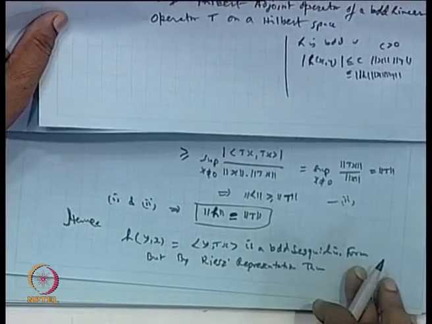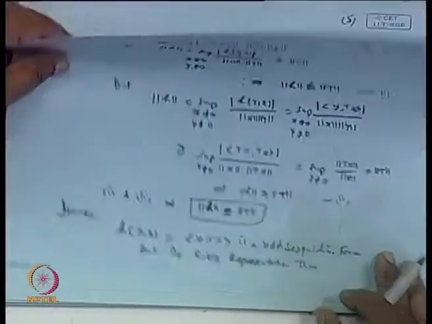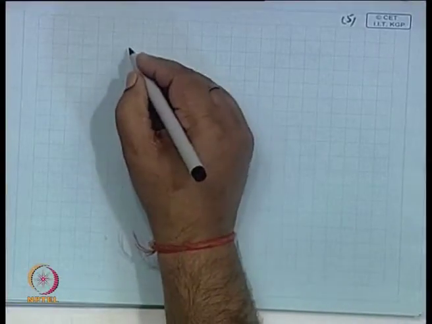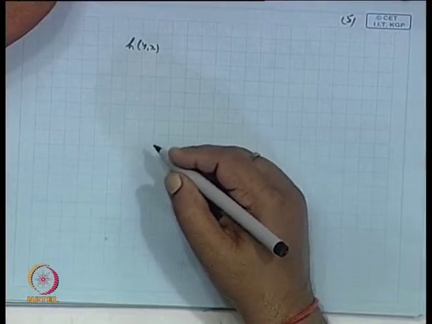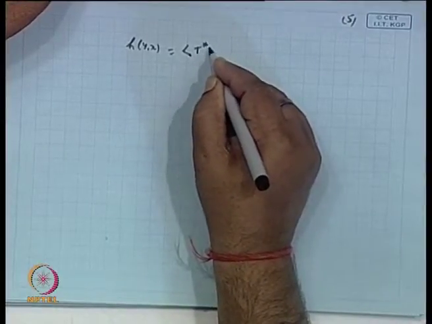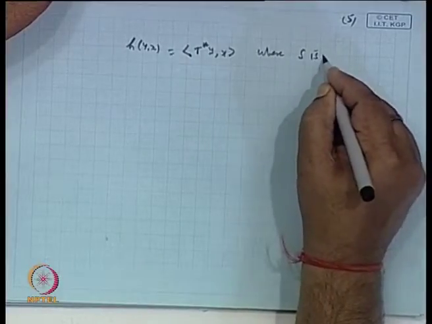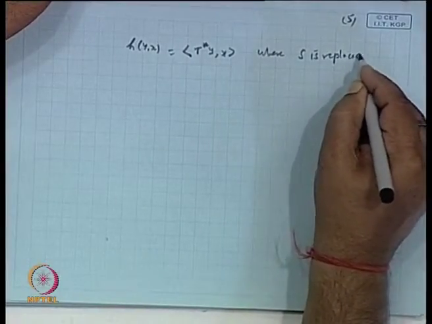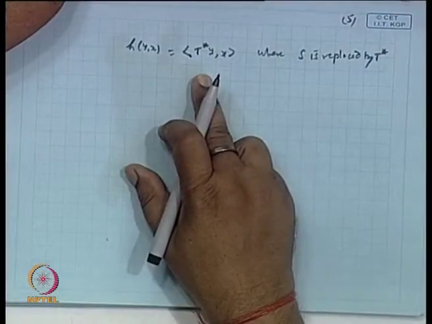So, h of y, x is a sesquilinear form. So, by the Riesz representation theorem, this h of y, x can be expressed as the inner product of T star y comma x, where S is replaced by T star, is it not?